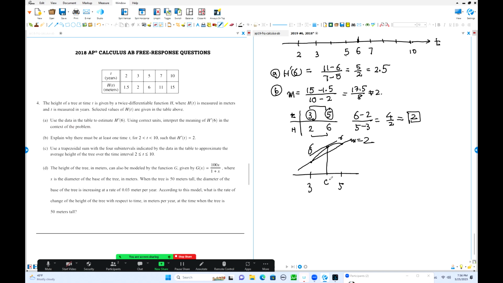So first, you have to show this interval and find the slope of this one, because this is differentiable. The graph is differentiable. That's why, by the mean value theorem, we can apply the mean value theorem.